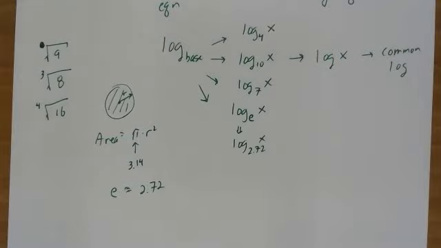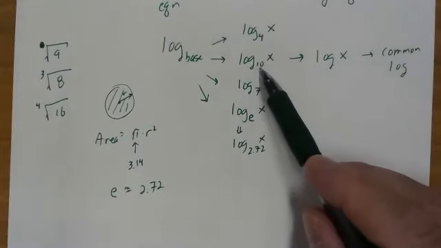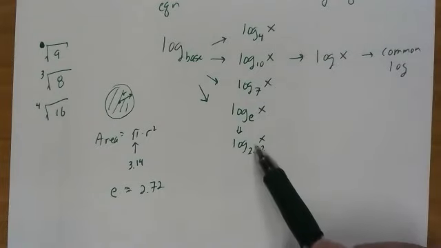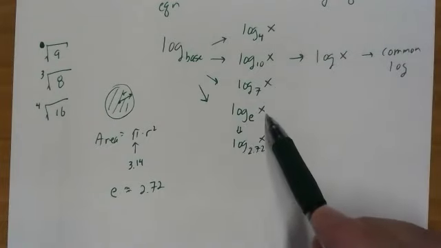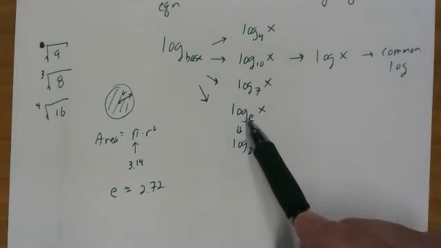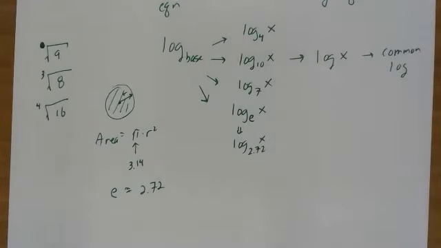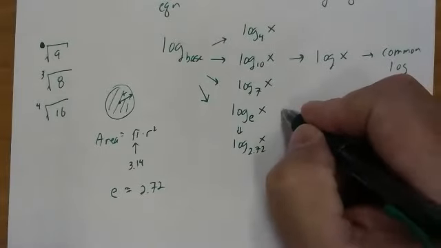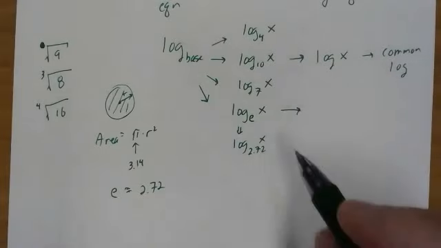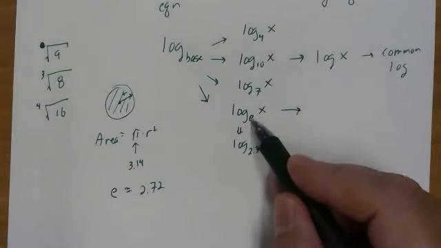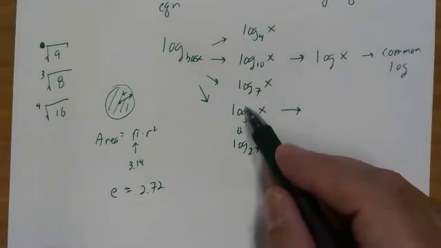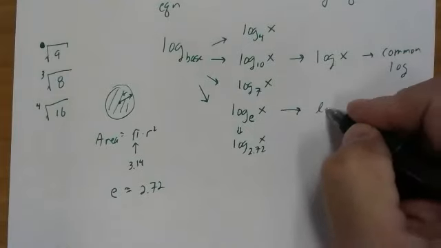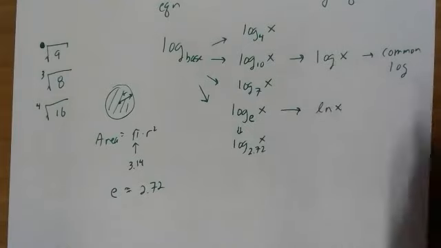Now, in the world of logs, log base 10 is used a lot, but log base E is also used a lot. These are the two most used logs. Now, just to make life interesting, whenever they have log base E of X, they decided to give this a different name. You've probably seen this.